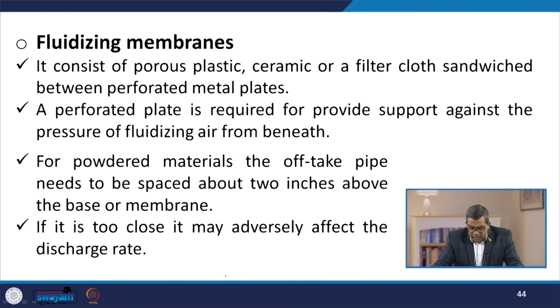Now let us talk about the fluidizing membranes. It consists of porous plastic, ceramic or filter cloth sandwiched between perforated metal plates. A perforated plate is required to provide support against the pressure of fluidizing air from beneath. For powdered material, the offtake pipe needs to be spaced about 2 inch above the base or membrane.